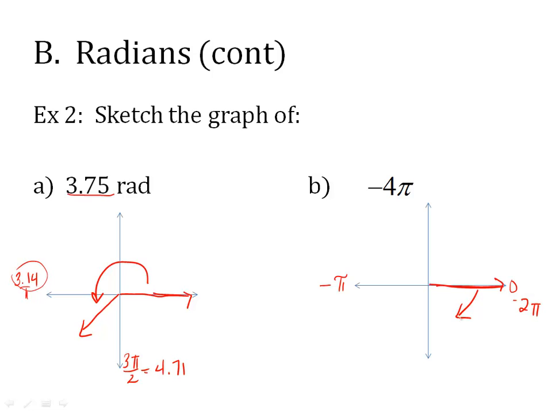So if I carry on, here's negative pi, negative 2 pi, negative 3 pi, negative 4 pi. So guess what? The initial and the terminal side of my angle are in the same location, but notice the drawing showed that it went around twice, and it went around in the clockwise direction, which makes it negative. So part of your homework, you're going to be sketching graphs based on what they give you in radians, and just count your pi's as you need to.